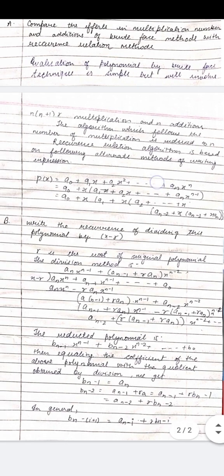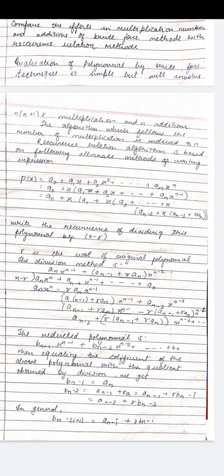Now moving forward to part B of this same question, we have to write the recurrence for dividing this polynomial by x minus r. So r is a root of the original polynomial, and the division method is as follows, as you can see on the screen.